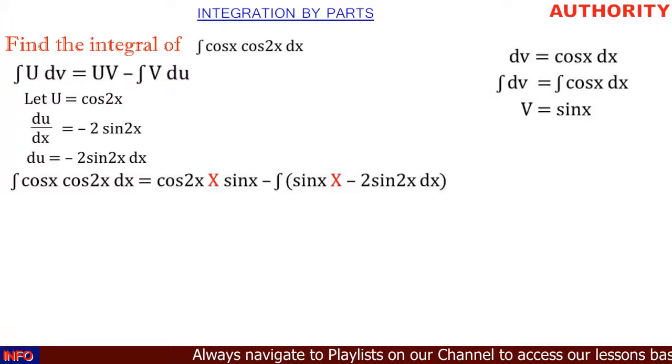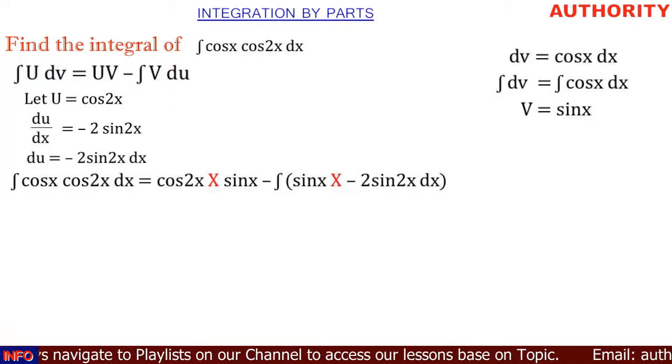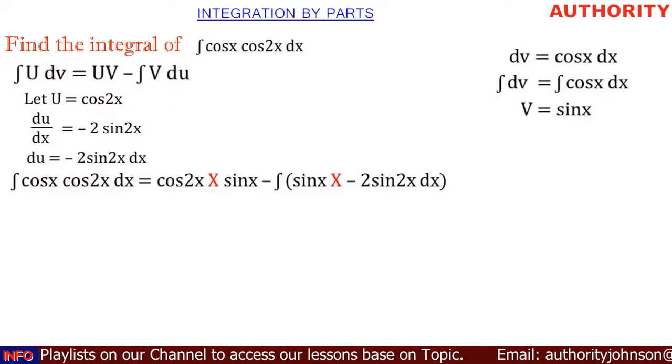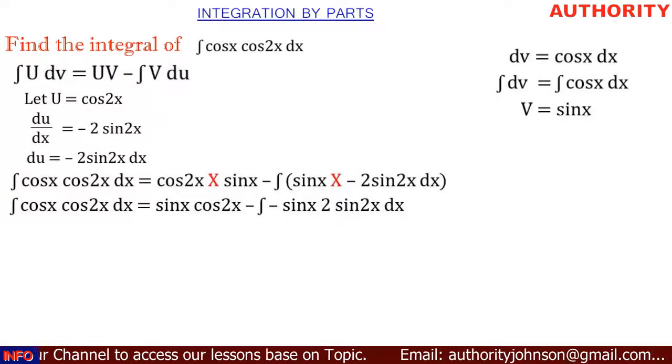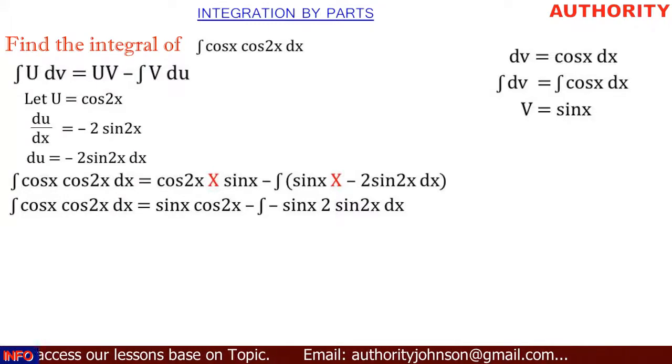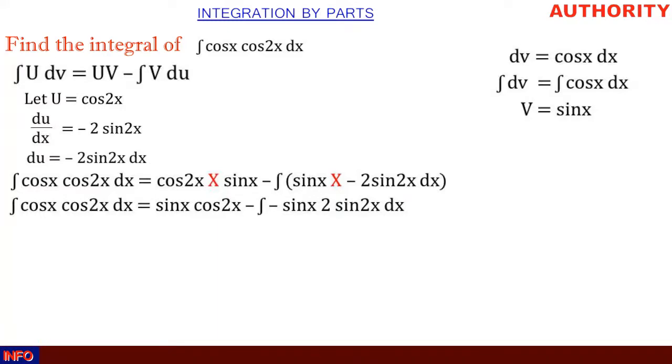Now let's multiply very well. The integral of cos x cos 2x dx is equal to cos 2x times sine x minus the integral of, when we multiply the term in the bracket, minus sine x times 2 sine 2x dx. Here we take the 2 outside, and minus times minus inside this integral gives us positive.